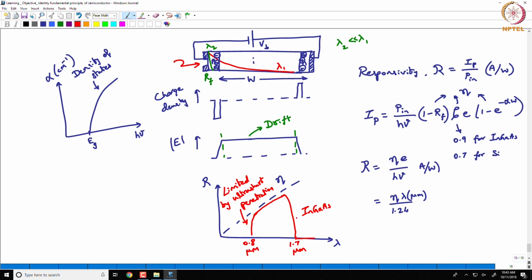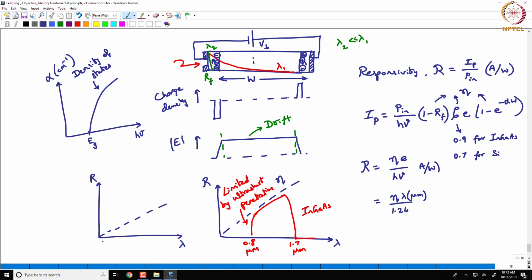And if you draw the same graph for silicon, since it's an indirect band gap semiconductor, it's harder to achieve a very high value of eta.